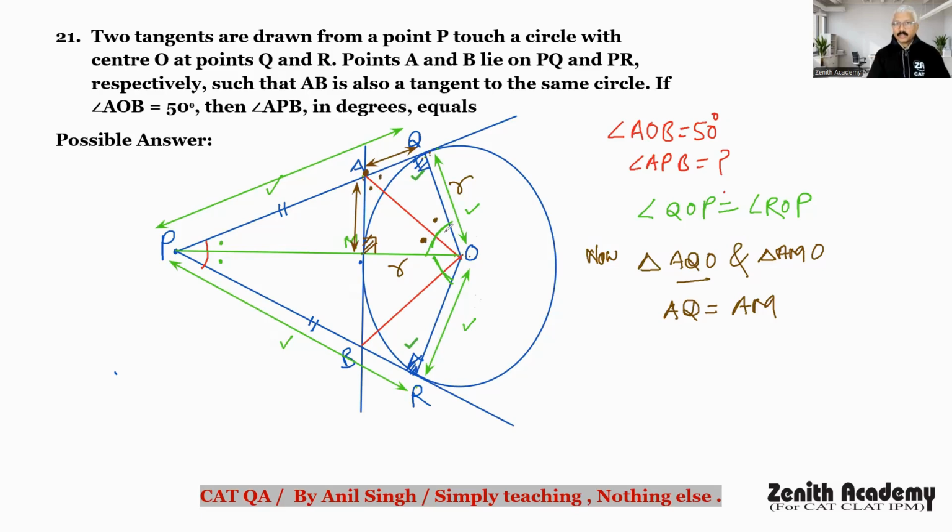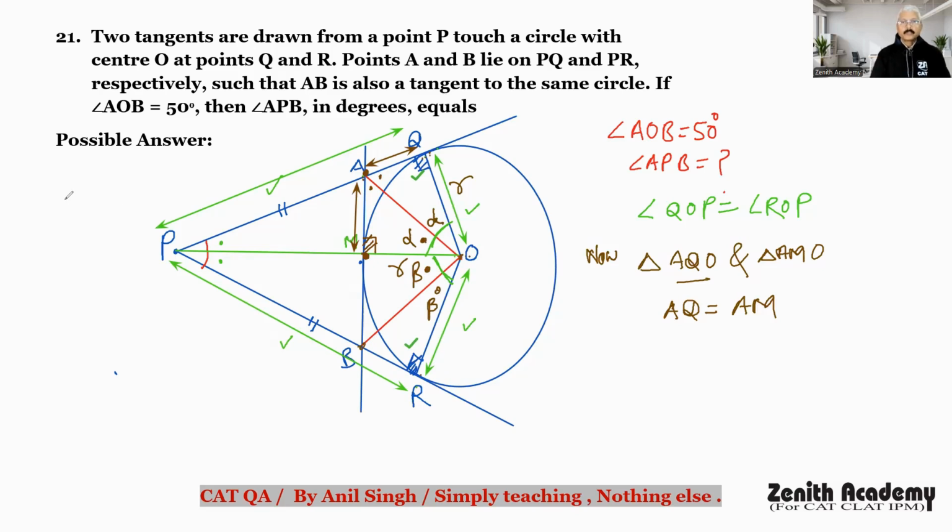So both are equal. If it is alpha, this is going to be alpha. Same way you can take here in triangle MBO and BOR, that if it is beta, then this will also be beta.